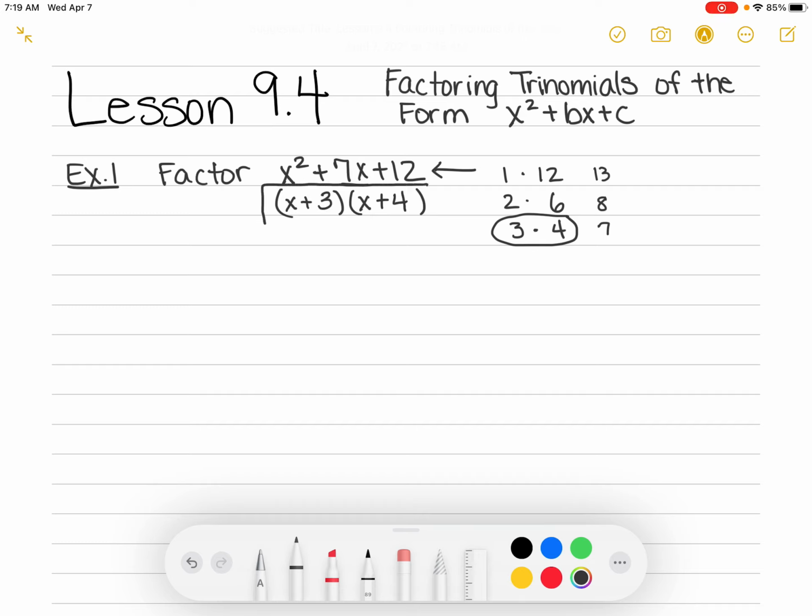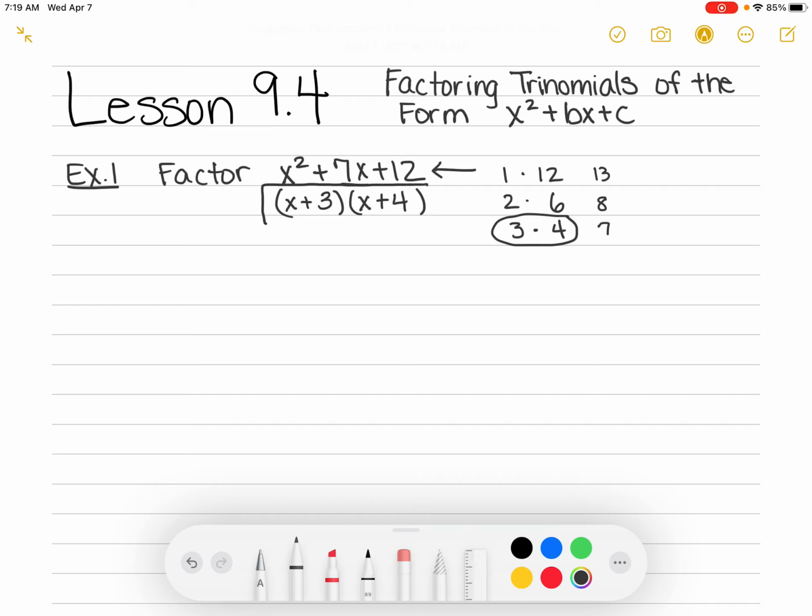This one was a really easy one, but I do want to check it real quick. When you're checking these, you always do first times first, which gives you the first term here, so that one works. The last times the last gives you the last one here, and that one works: 3 times 4 is 12.